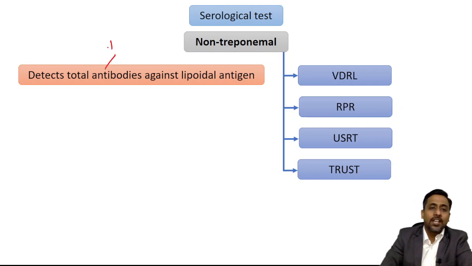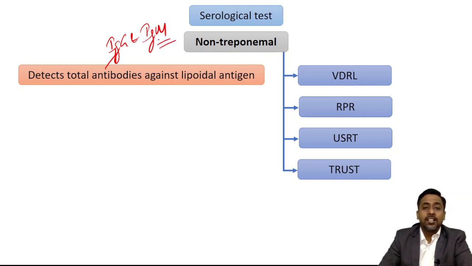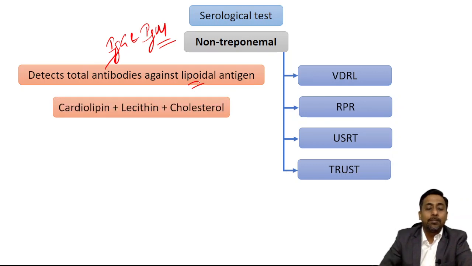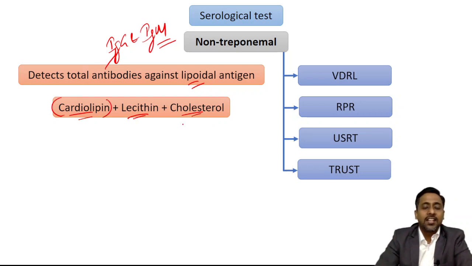Total antibodies means IgG and IgM. And what is this lipoidal antigen? This lipoidal antigen is basically composed of cardiolipin, lecithin and cholesterol. So cardiolipin is the main antigen, and the other 2 are added to stabilize the antigen. So cardiolipin, lecithin and cholesterol.